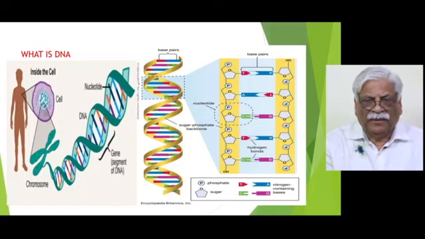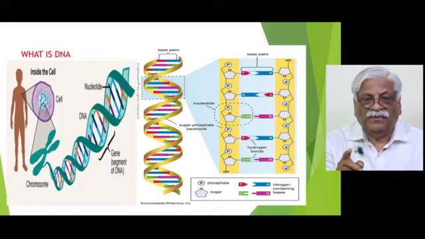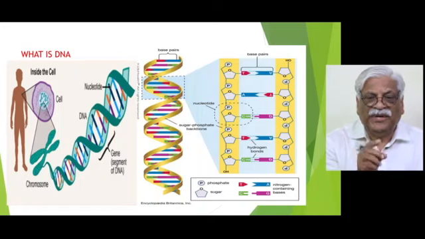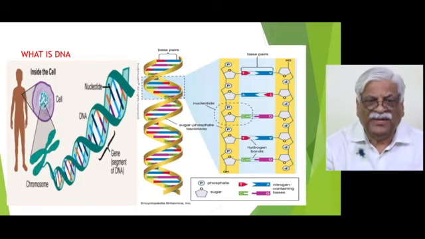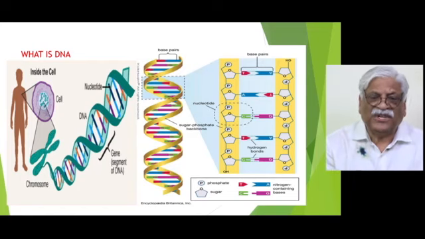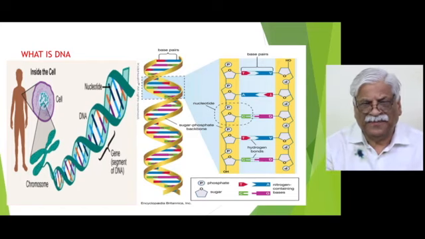If you see these nucleotides in detail, the first nucleotide here consists of T and A. T stands for thymine and A stands for adenine. They are nitrogenous bases, structures which consist of nitrogen.